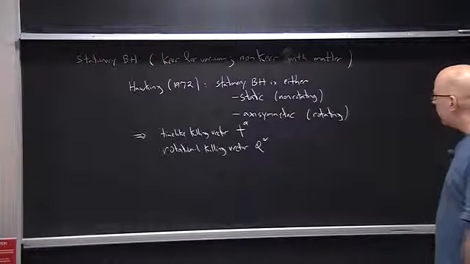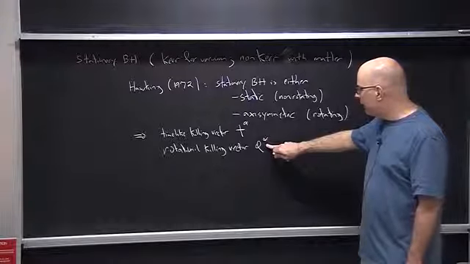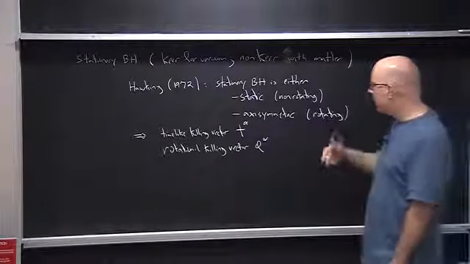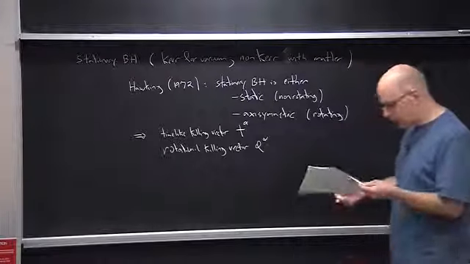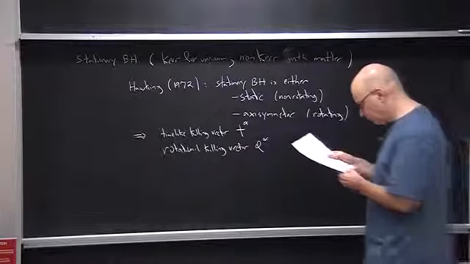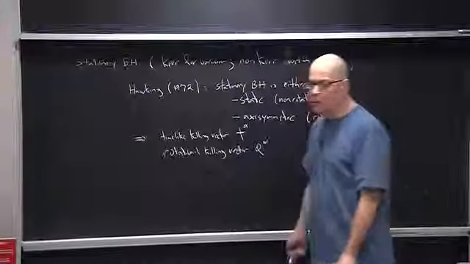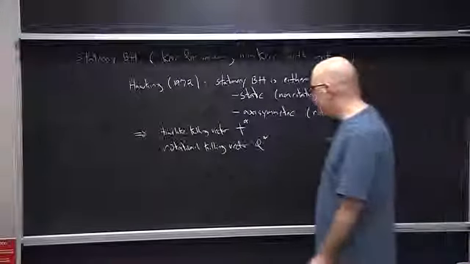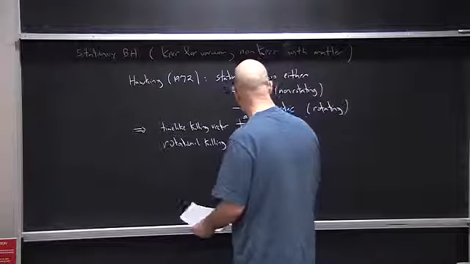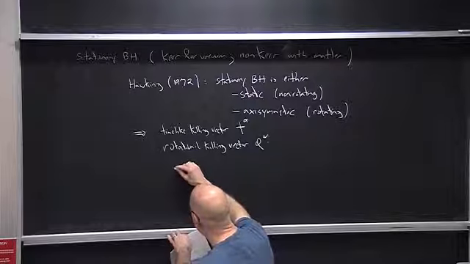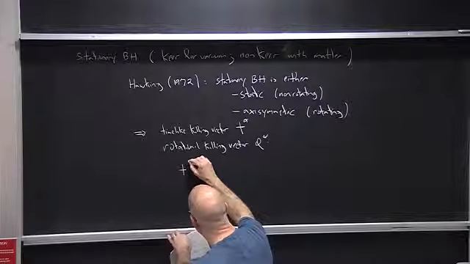In the static case, this one doesn't play much of a role. This one becomes the important one. In the axisymmetric case, both are important. Another outcome of the theorem is the fact that if we're dealing with the axisymmetric case, there's going to be a combination of the two Killing vectors.